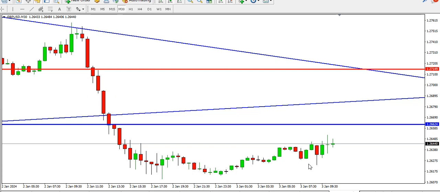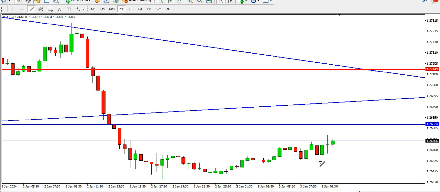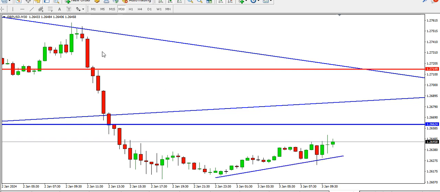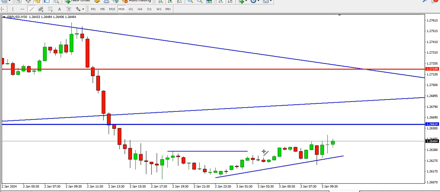So what we are seeing currently is a retracement, where the buyers try to come in, and then the sellers will find the selling point somewhere around there. This is like an impulsive move of price.